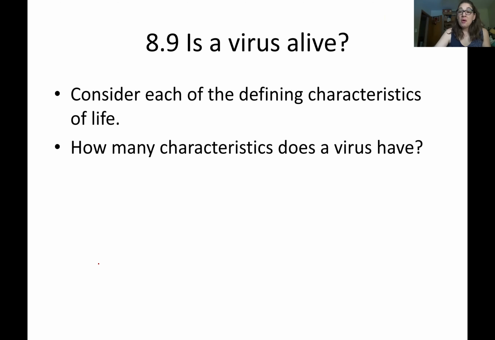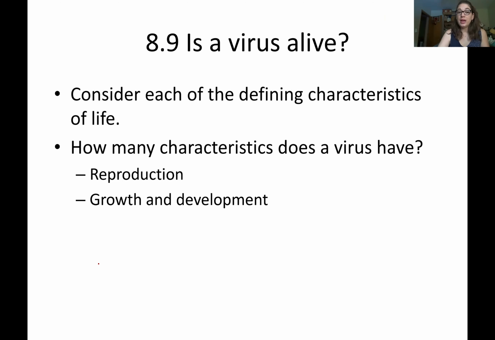Okay, so some of the characteristics of viruses, and then we'll talk about a few that are not there. Can viruses reproduce? They are not able to reproduce on their own. They have to use a host cell to reproduce. So they can't reproduce on their own, which is one of those characteristics of life. Growth and development, they don't show growth and development. They don't have energy usage. They do show order.